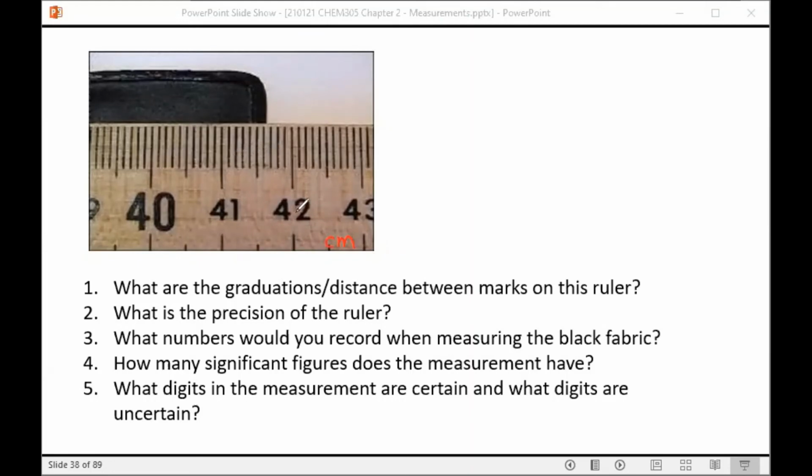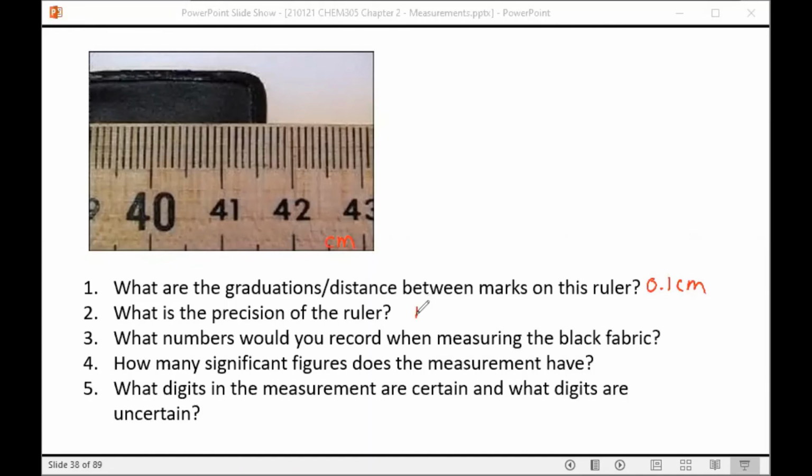So there's 10 marks in between, which is great. A lot of the metric system, like I said, it's based on units of 10. So with most metric system measuring devices, you're going to have main markings every 1 unit, in this case every 1 centimeter, and then you'll have hash marks quite often every 10th of that unit. Okay, so we know that the distance between the marks is 0.1 centimeter.